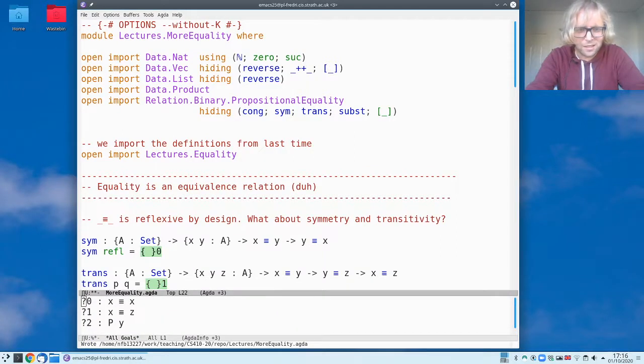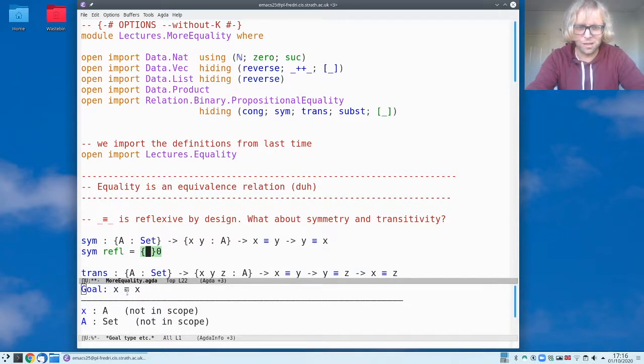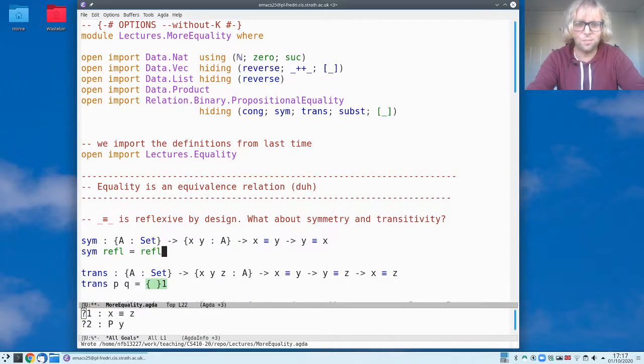And surprise, it could only possibly be REFL. But if it is REFL, that means that x must have been the same as y, which means that it's not so hard to prove that y is the same as x anymore, because it's just the same as x equals x. So we can give the answer REFL here by pattern matching. This is the only case we have to care about.